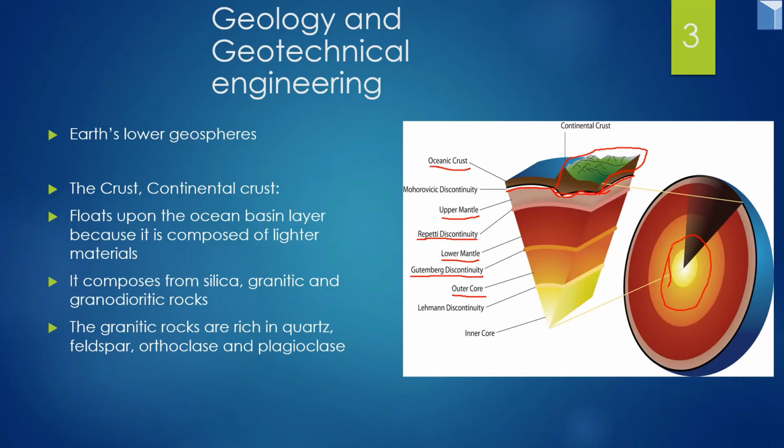The outer core is made of materials in liquid state, which are iron under high pressure and temperature. Lehmann discontinuity is the discontinuity that separates the solid inner core from the liquid outer core.